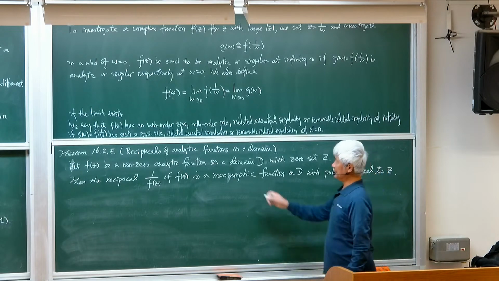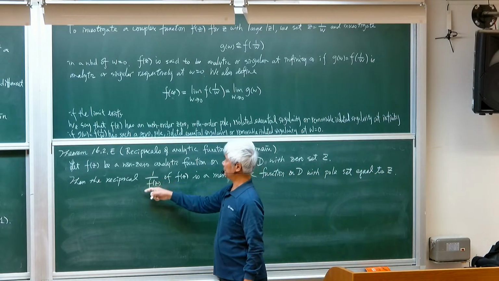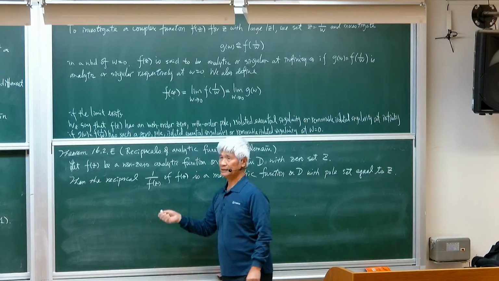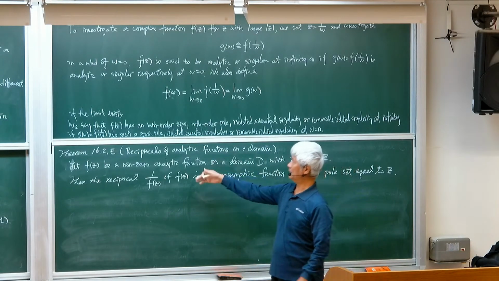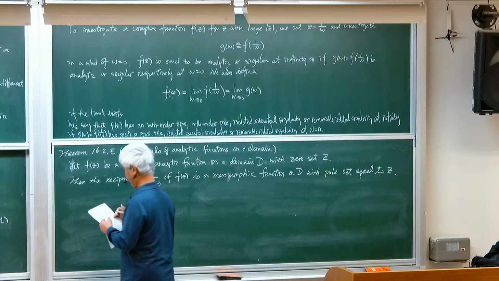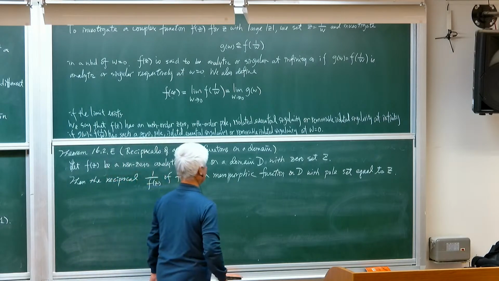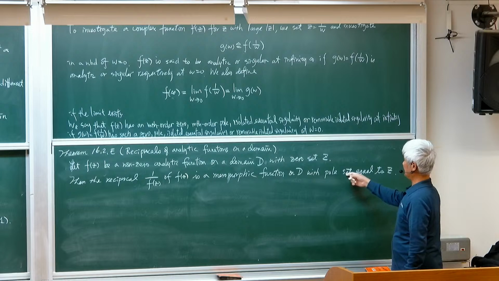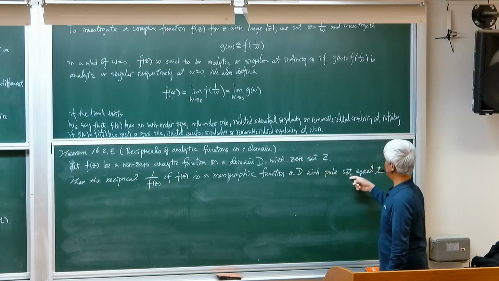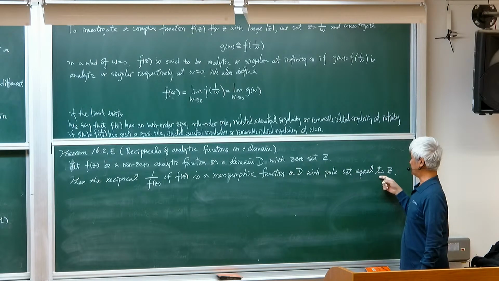This is a nice theorem, because people usually consider the reciprocal of an analytic function. And the important thing is that the zero set becomes the pole set.